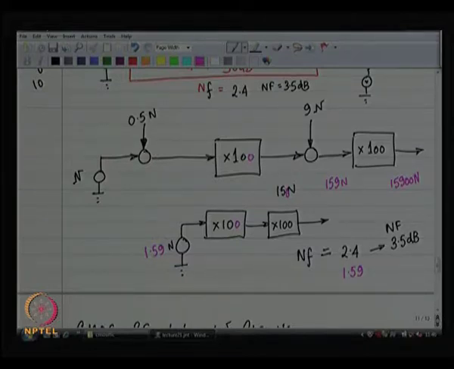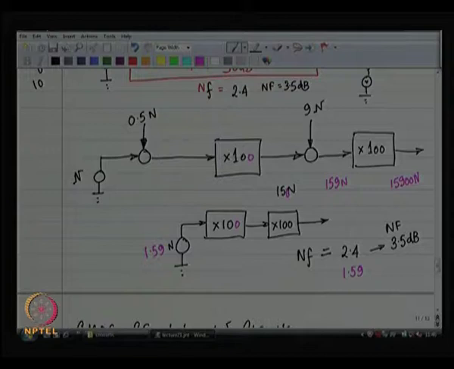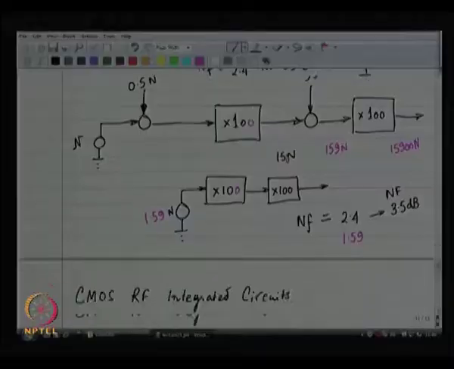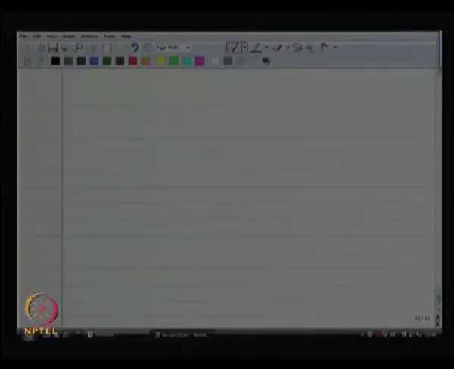right. So, if I change the gain of the first stage, if I increase the gain of the first stage, then the overall noise factor is actually dropping. So, what am I saying over here? What am I trying to say? You have got a system with a certain amount of gain.